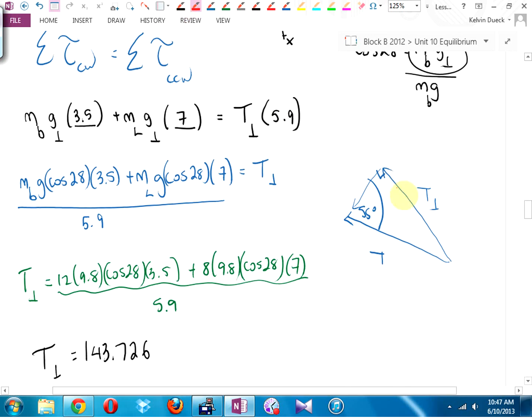Jimmy, my friend, tension perpendicular, opposite, adjacent or hypotenuse? Here's my angle. Tension perpendicular, opposite, adjacent or hypotenuse? I definitely agree this is hypotenuse, but I'm pretty sure opposite.